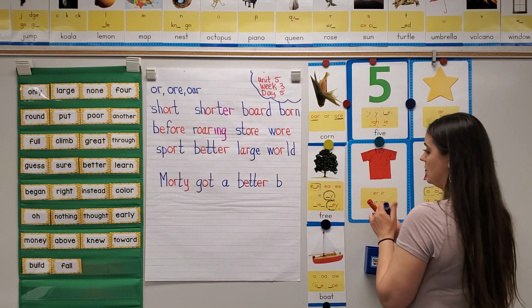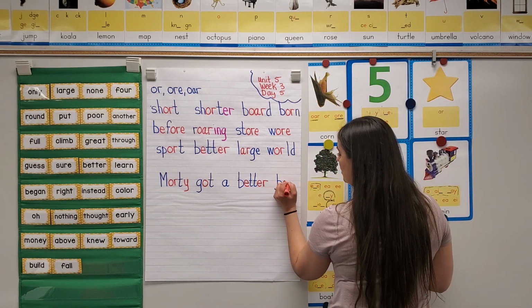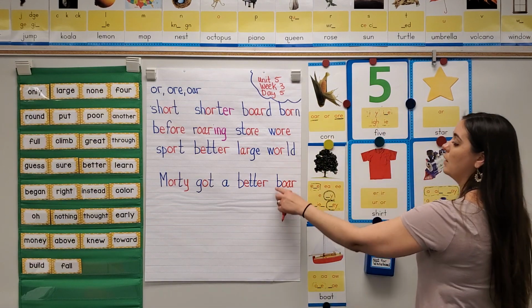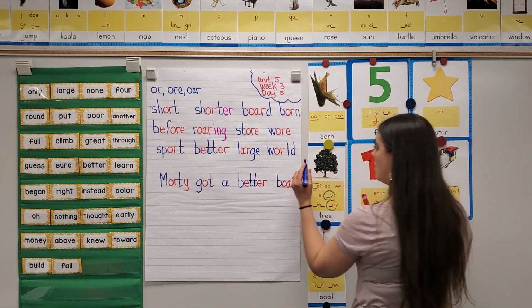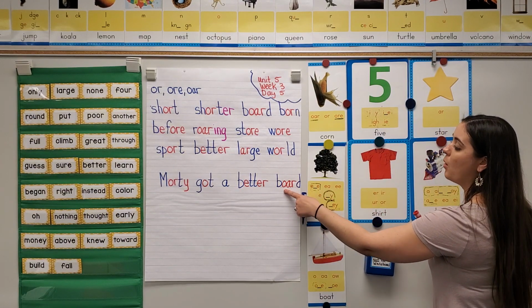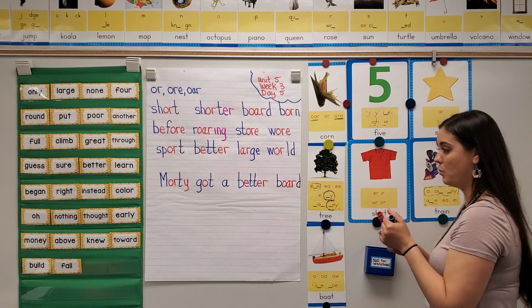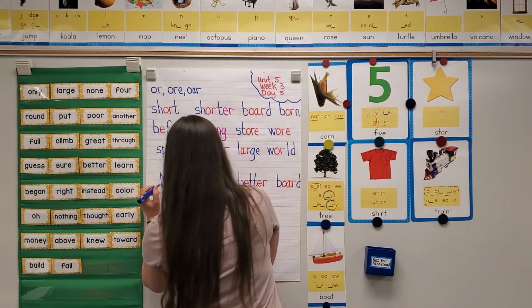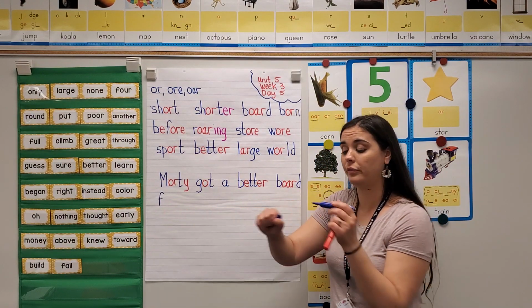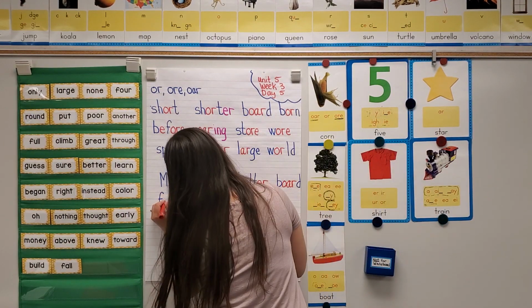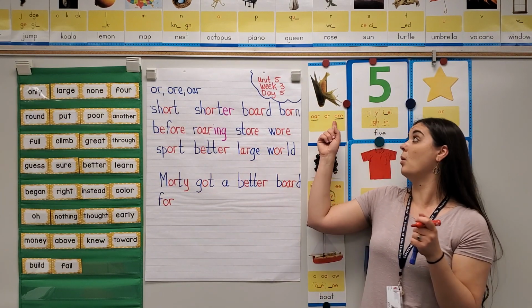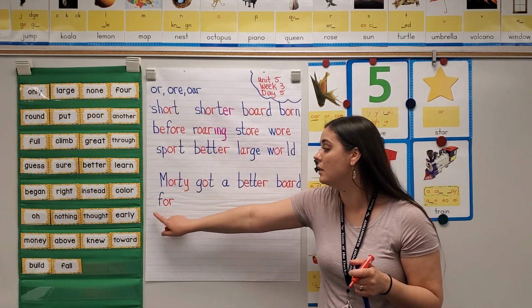B says OAR, or, or. D says board. Morty got a better board. F says OR, or, also a high frequency word.